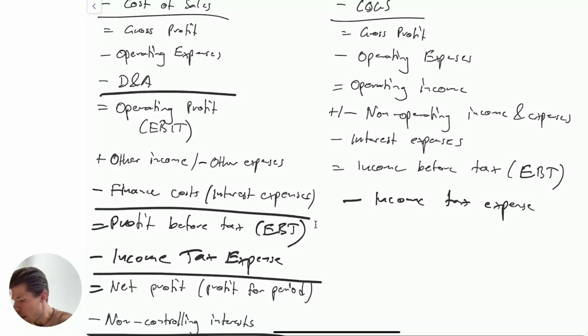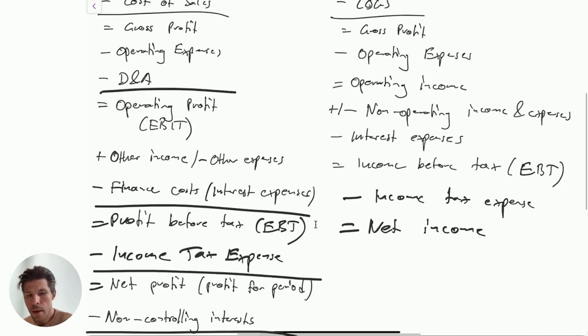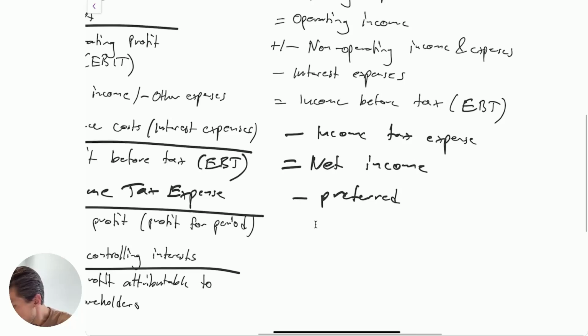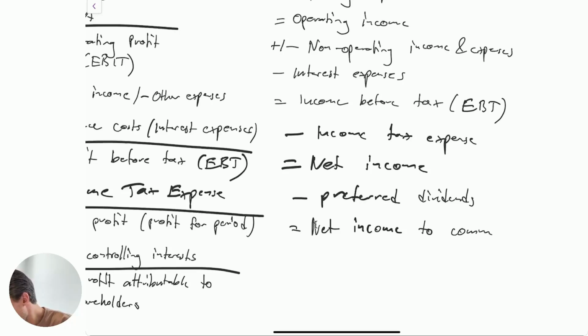And then we have net income. And here it's a bit different, minus preferred dividends if applicable, and then equals net income to common shareholders.